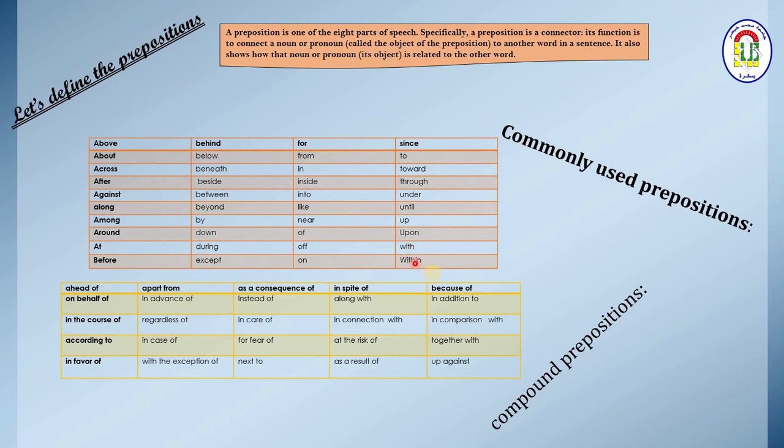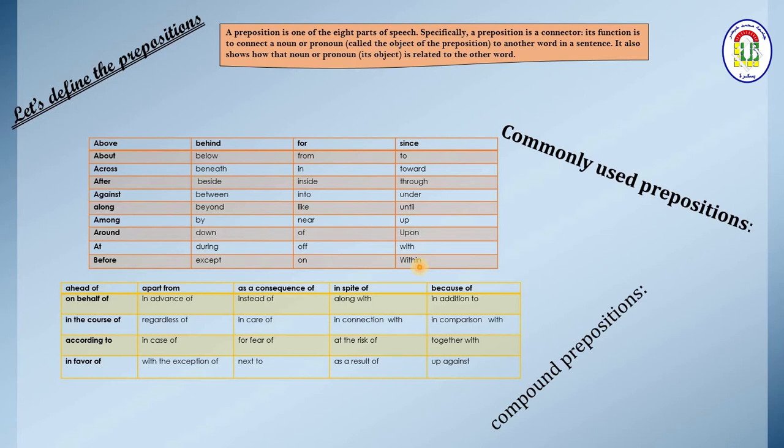Within is also widely used in the abstract, normally with concepts, something inside the topic. For example, I'm talking within the topic, not out of the topic. So I've tried to give you the meaning of these prepositions.